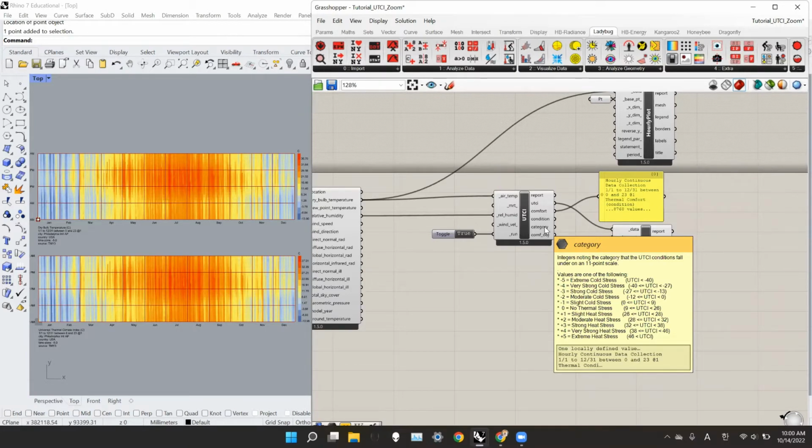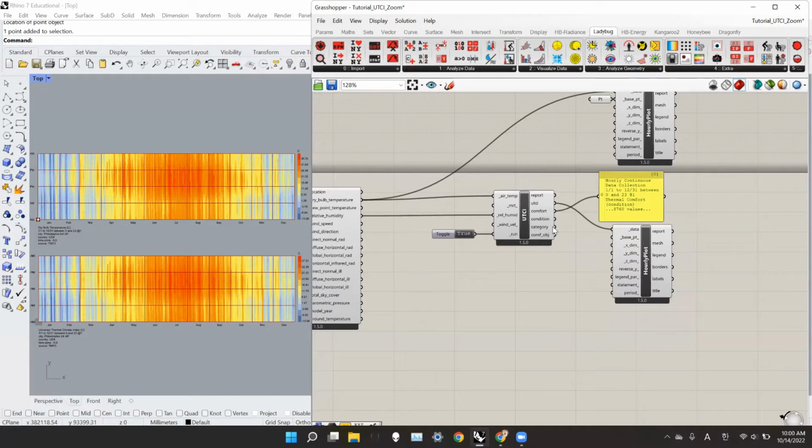In this category, 0 means no thermal stress. So it's not cold and it's not hot at all. The temperature for that category is between 9 and 26. You want to bring the outdoor temperature within the range.